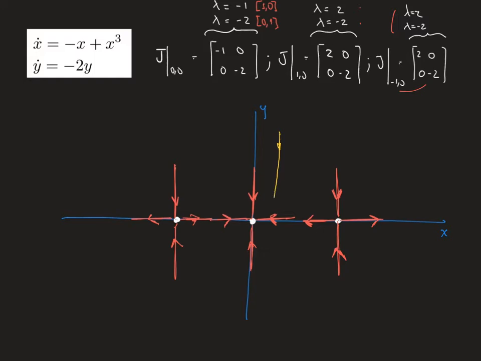So it will go like this, and only when it gets very close to the other eigendirection, it moves like this. The same thing happens in here, and so on. It's symmetric, as you see, so it's going to be the same for the other side, and so on.